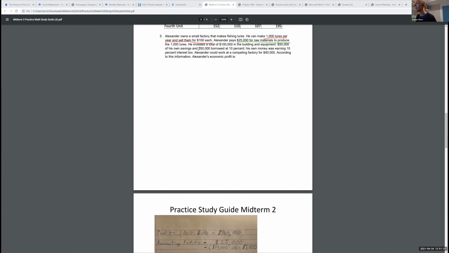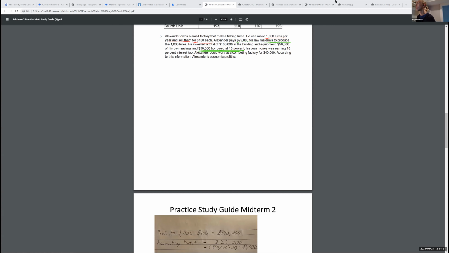The next piece you take out is the interest on the borrowing, $50,000 times 10%, which is $5,000. That gives the accounting profit.